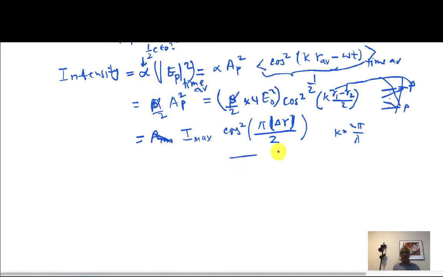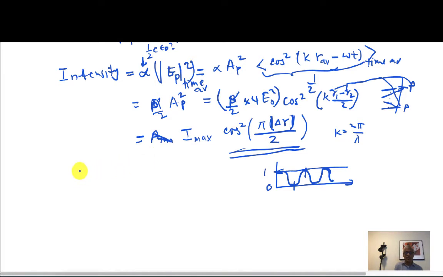So this is going to go between 1 and 0, right? This varies between 1 and 0. And when delta is 0, it's maximum. So at some values delta r is going to be 0, and at some values delta r is going to be 1. And so we can figure out what the conditions will be.